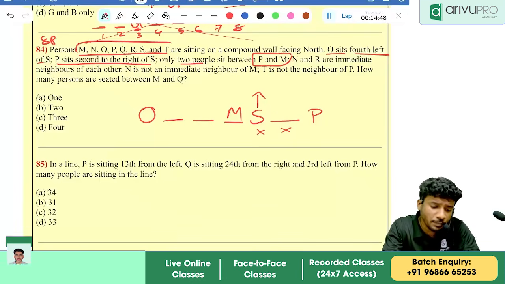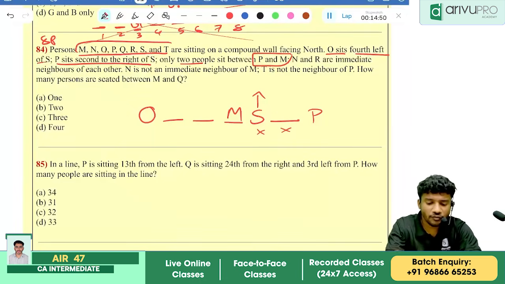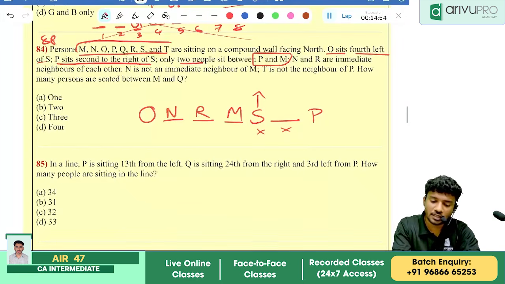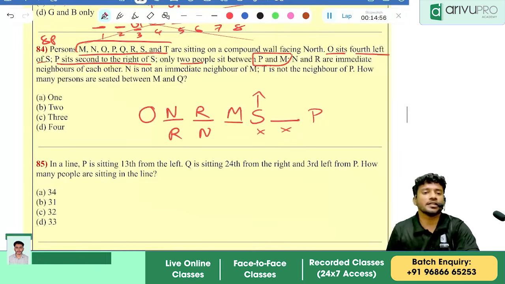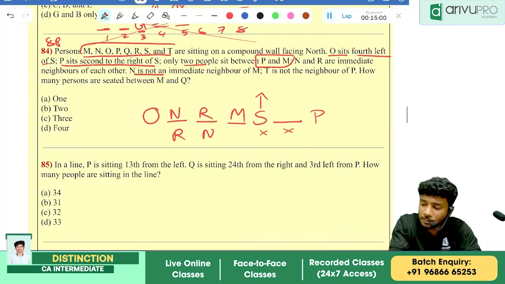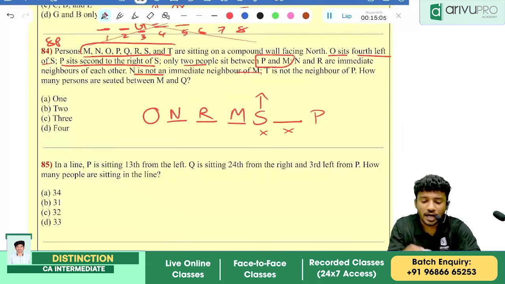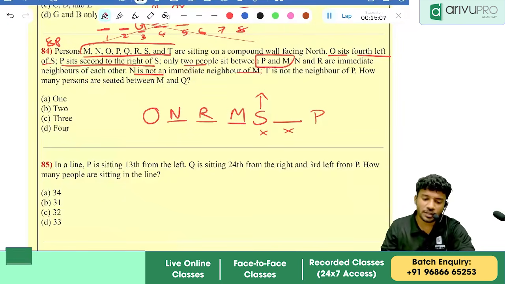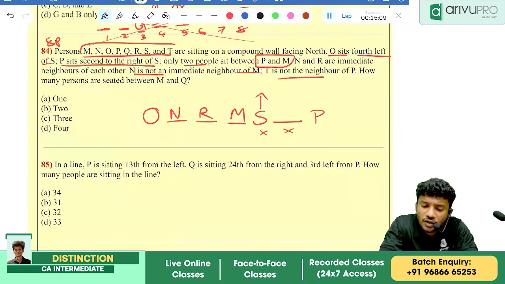N and R are immediate neighbors of each other. Okay, where can be the possible position for N and R? Either it should be N and R, or it should be R and N. 2 possibilities are there. Then one more: N is not an immediate neighbor of M, which means RN is not possible. Then people, T is not the neighbor of P. That means T cannot sit here, or T cannot sit here.